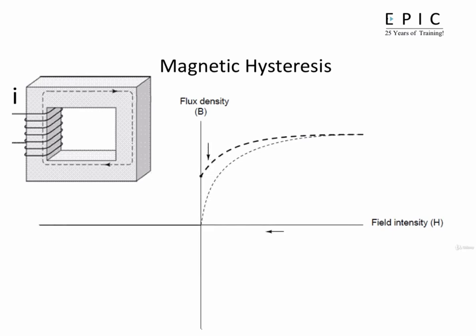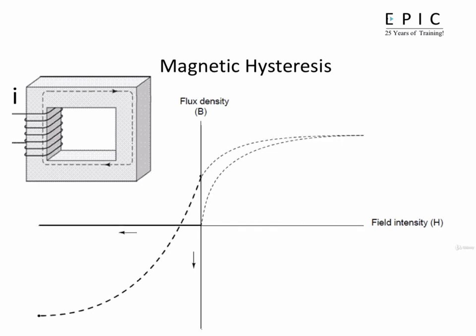Next, we'll stop the current going through the coil of the electromagnet and see what happens to the flux, leaving the first curve still on the graph. Due to the retentivity of the material, we still have a magnetic flux with no applied force, no current through the coil. Our magnetic core has actually become a permanent magnet at this point.